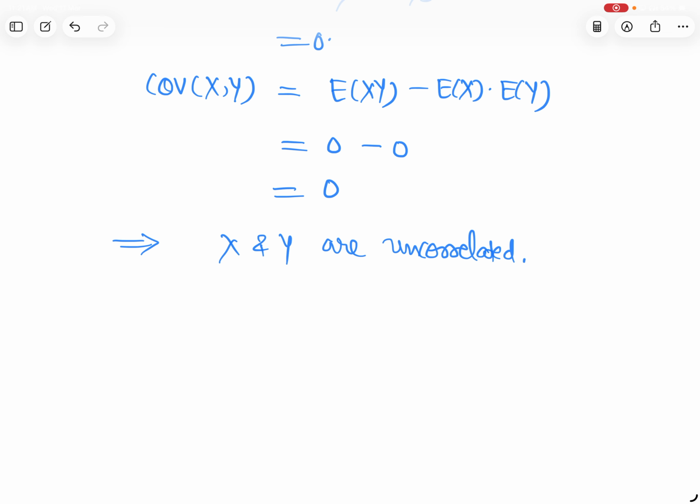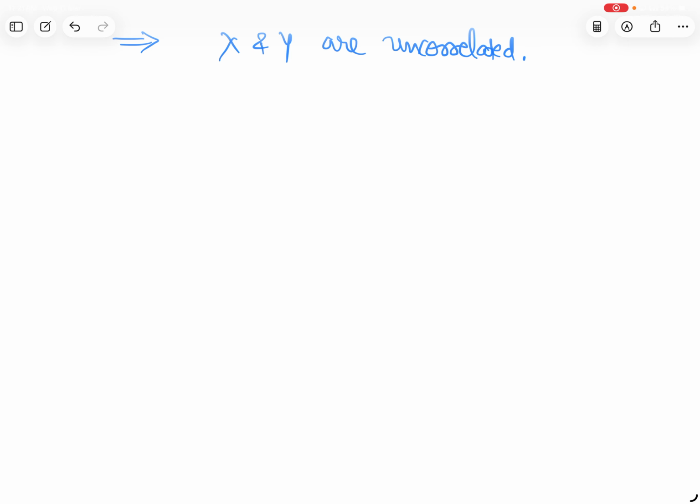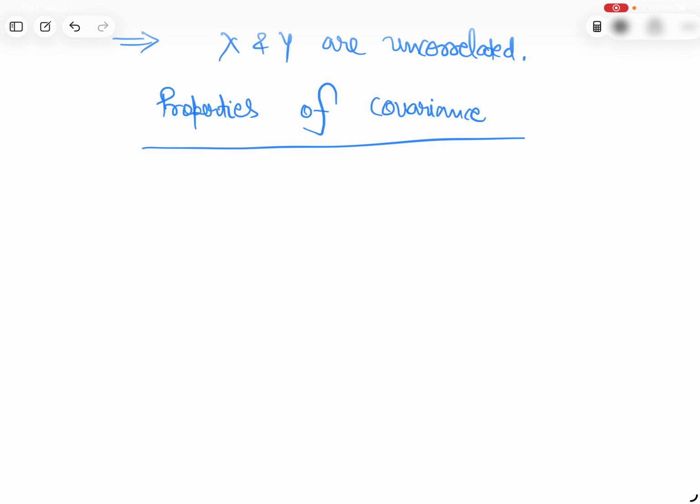Now properties of covariance. First property is that covariance of XY is equal to covariance of YX. Okay, we can change, no problem.